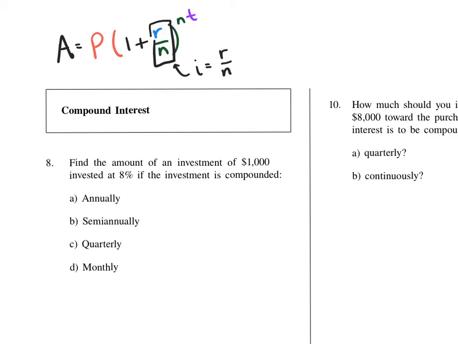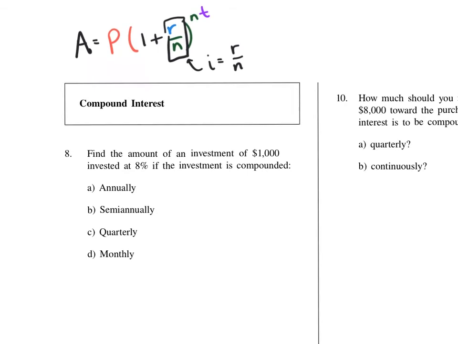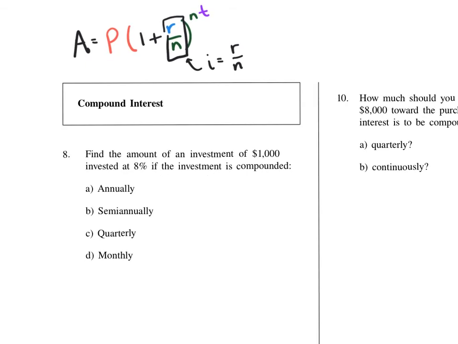Now, let's look at an example. This says, find the amount of an investment of $1,000 invested at 8% if the investment is compounded. And we have these different compounding periods. So when we start to deal with compound, the first thing we need to do is identify these different compounding periods, what we call our N's. When you compound annually, that means you do it one time a year, N is equal to 1.